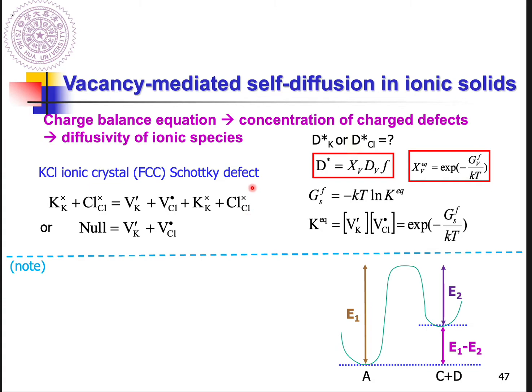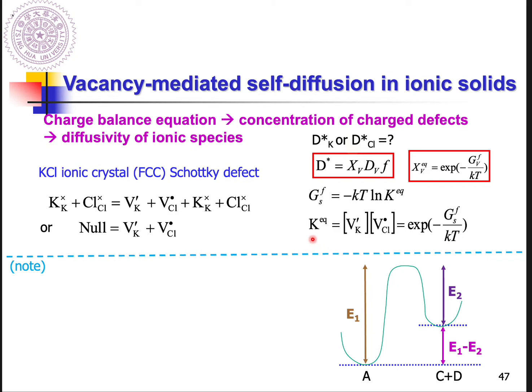In order to simplify this equation, some people will use a new expression for the formation of a pair of vacancies, V_K prime and V_Cl dot. And don't forget, the numbers of cation vacancies and anion vacancies formed should be the same, right? They are always generated as a pair of cation vacancy and anion vacancy.